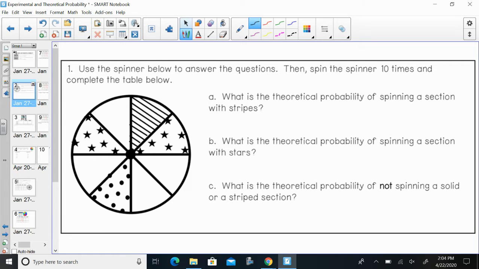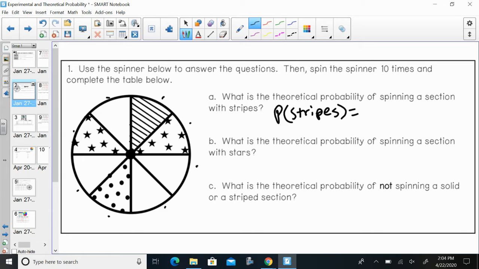So you always have to go through and count how many different sections you have. 1, 2, 3, 4, 5, 6, 7, 8 sections. All right, so the probability of getting stripes. This is how we would write out what we're doing.